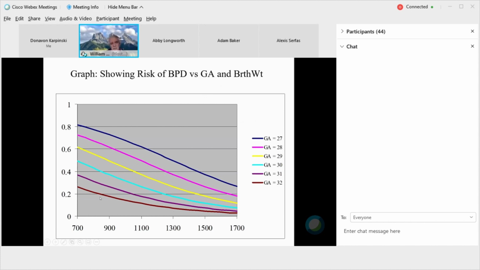So you can see as birth weight goes up, the risk of developing BPD goes down. So from that graph, somebody could say if the birth weight was 1,300 and the gestational age was 28, then the chance of developing bronchopulmonary dysplasia is 40%.